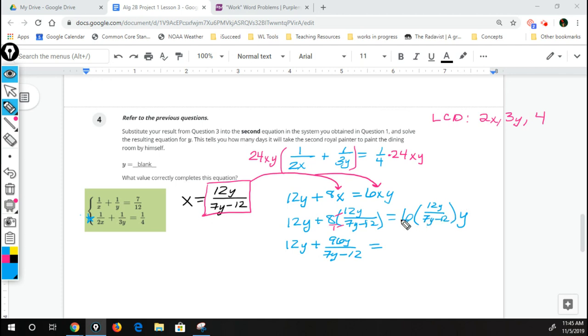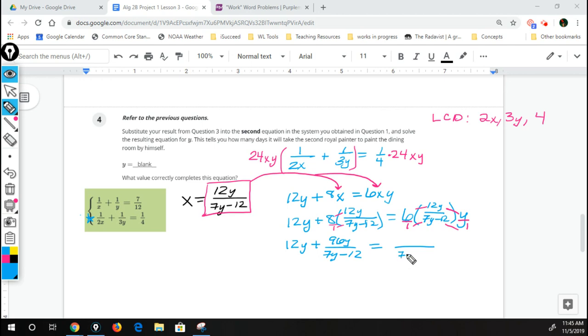Okay, we can do the same things here. And in fact, we can kind of do them all at once. We have 6 over 1, so I'm going to multiply 6 with the 12, and then 1 with the 7y, and then we're going to do the same thing with the y. Multiply the y with the numerator, and then the 1 with the denominator. So first things first, we got the denominators. That's not going to change because I got a 1 times 7y minus 12 times 1.